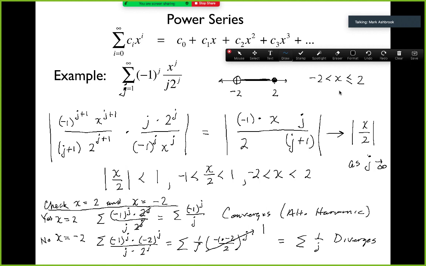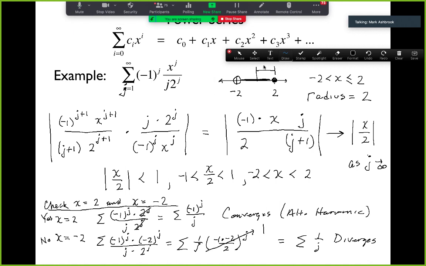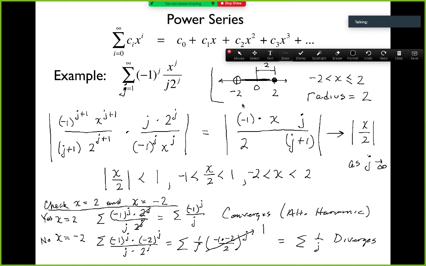And what's the radius of convergence? 2. The radius is half the distance of the interval. Questions on this one?